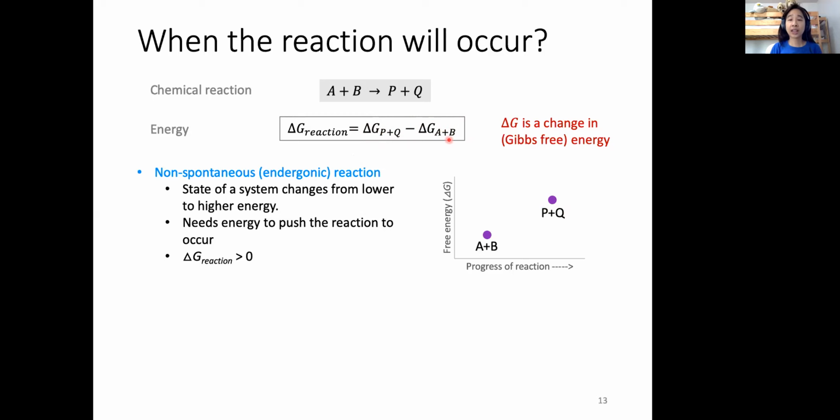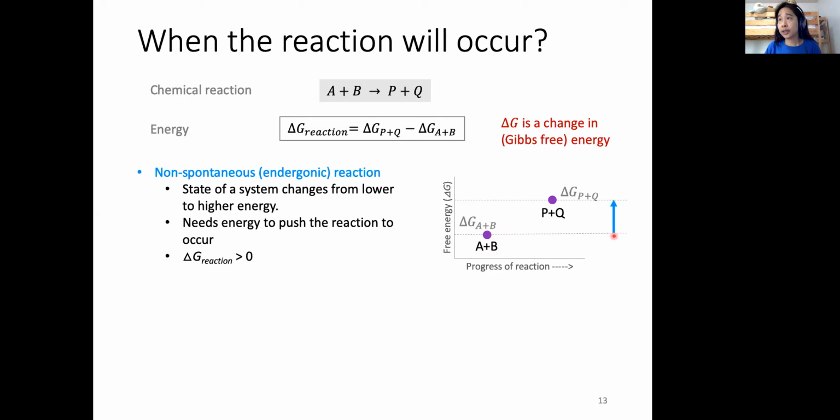This means this reaction needs energy from the reactant to go up to the level of the products. You need an input of energy. So if you don't add energy, this reaction will not happen. So it's called a non-spontaneous reaction or endergonic reaction.